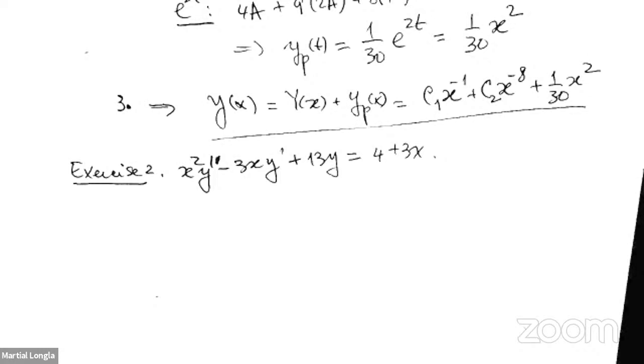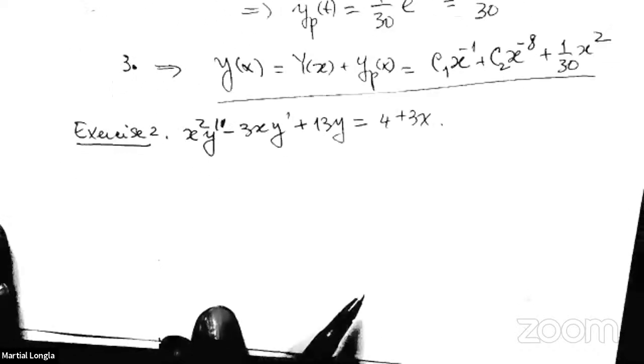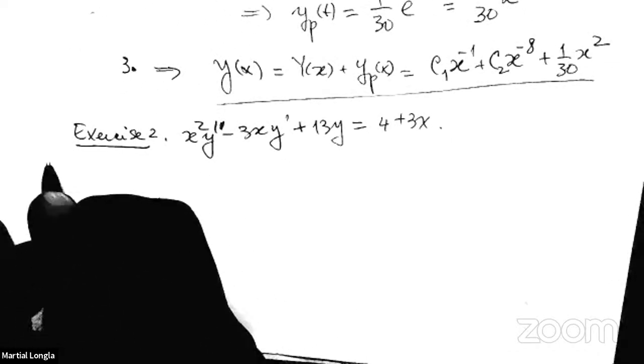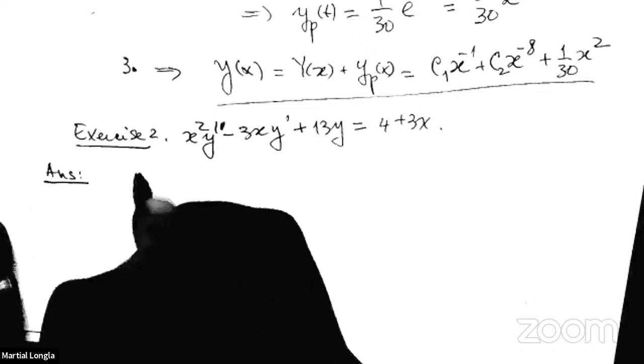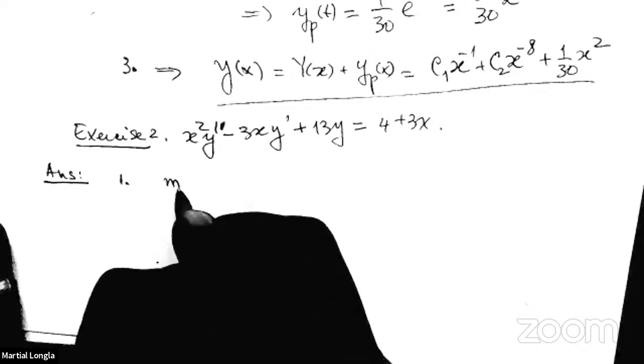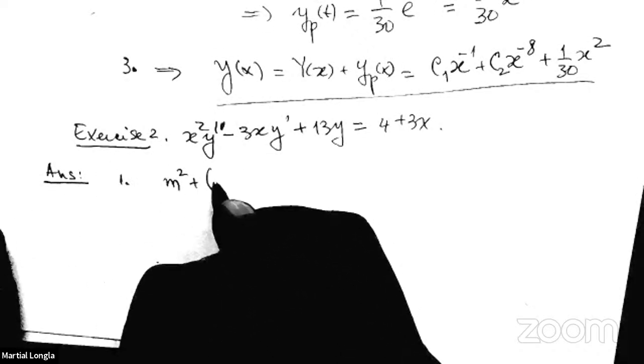I got the capital Y. Yes, go ahead and show him. Give me what you have there. I got m squared plus parentheses 1 minus 3.